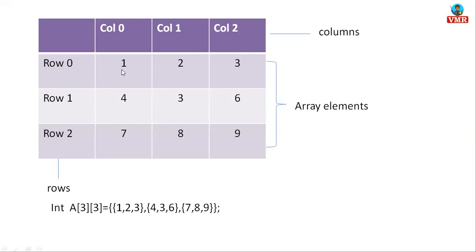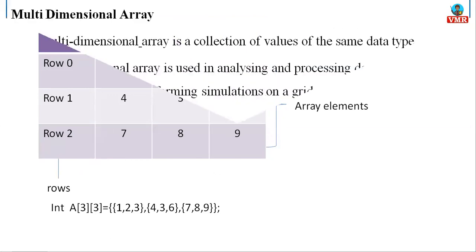If you consider the matrix representation, this is your A00, A01, A02, A10, A11, A12, A20, A21 and A22. In that representation, those values will go into your array. These are the columns and these are the rows, and all of these are your array elements. This is how the two-dimensional array is represented.